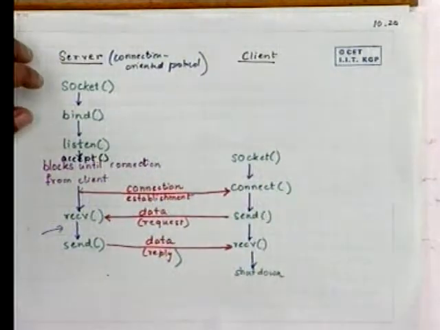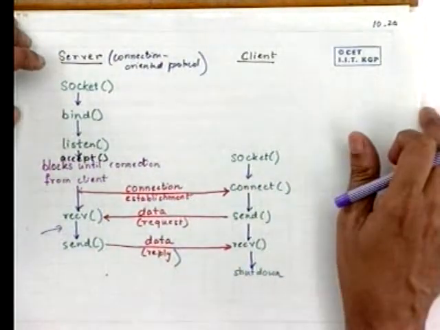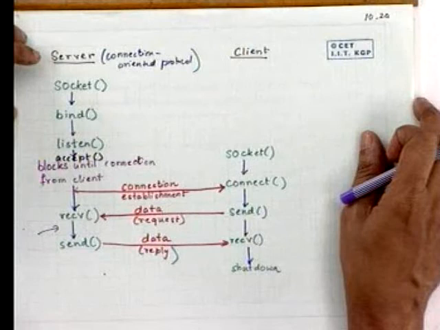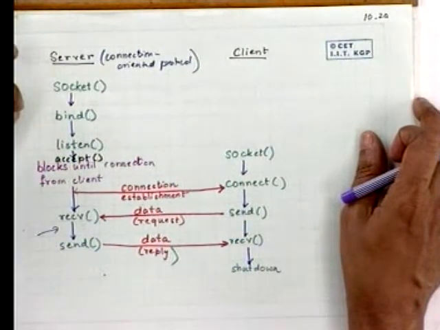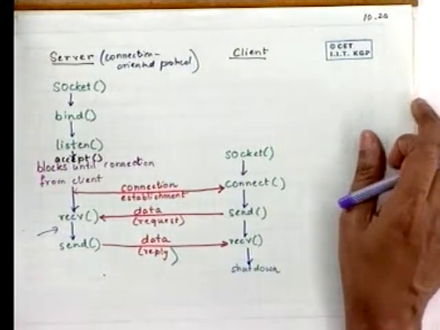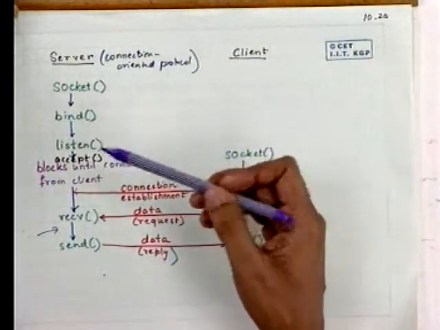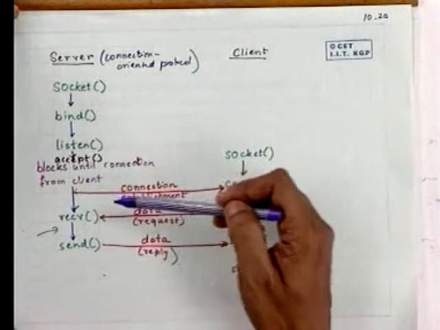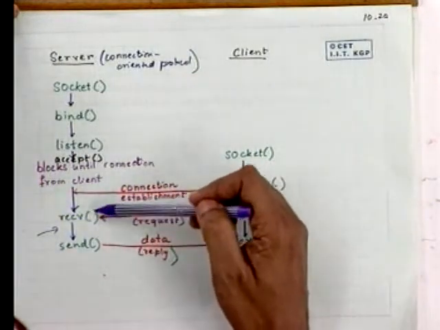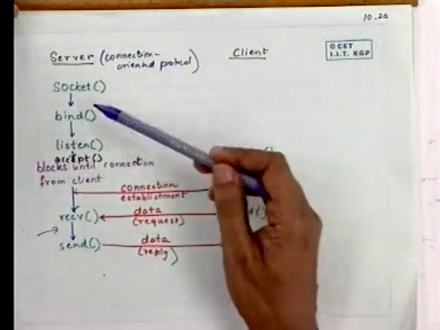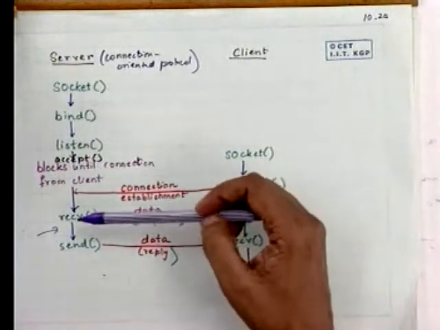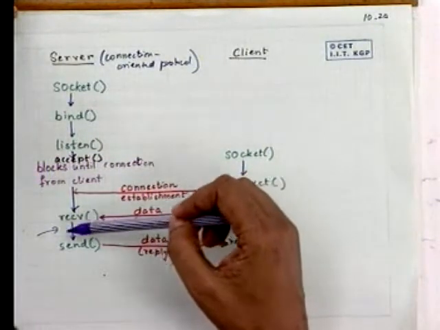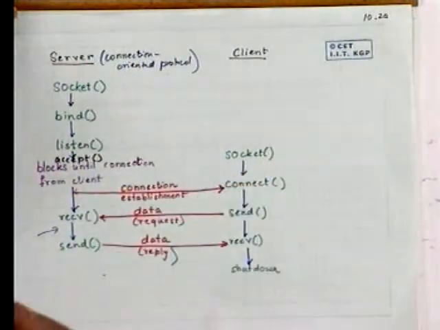Before we go into the implementation of the client-server system using Java, we need to look at a new concept called threads, and why threads, we'll briefly see here. Suppose the server has received the data request from the client, and it has to process this request.